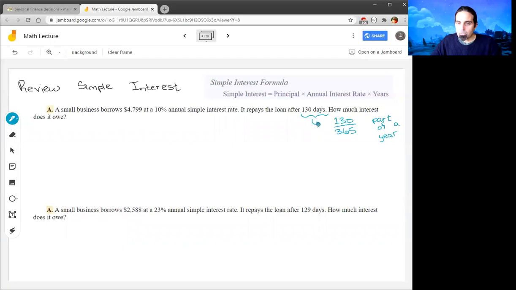If you don't like dealing with fractions, then just before we start the problems, we can turn this into a decimal. 130 divided by 365 gives me 0.3562, and I'm rounding a little, but who cares?